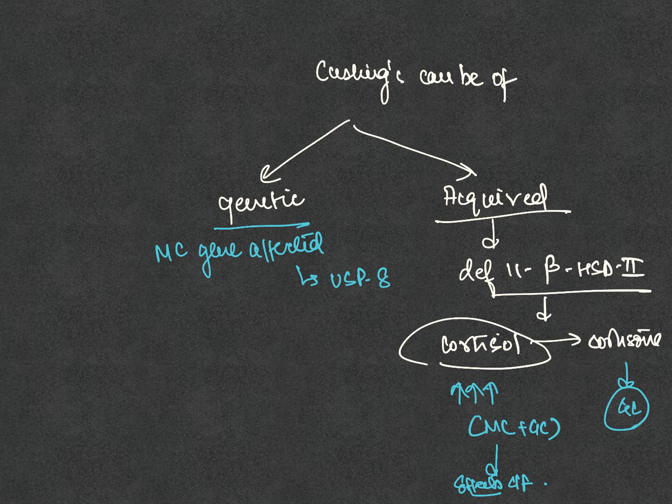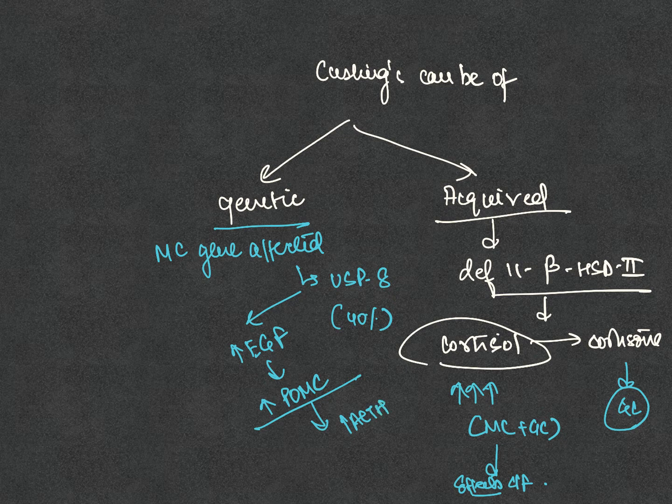It accounts for 40% of the cases, and what it does is it increases the epidermal growth factor, which in turn increases the POMC, and this causes an increase in ACTH levels, which in turn causes cortisol increase. So this is the most common genetic cause in case of Cushing's disease.